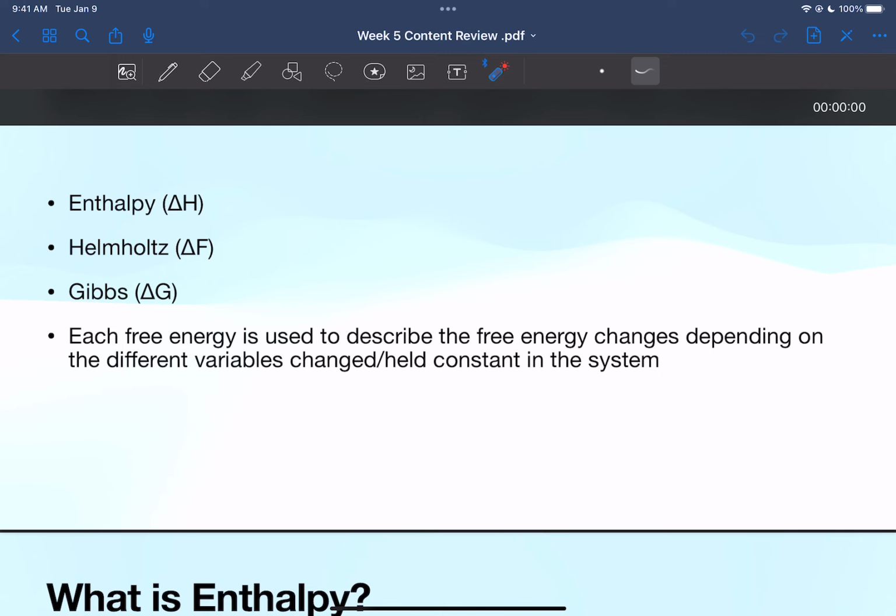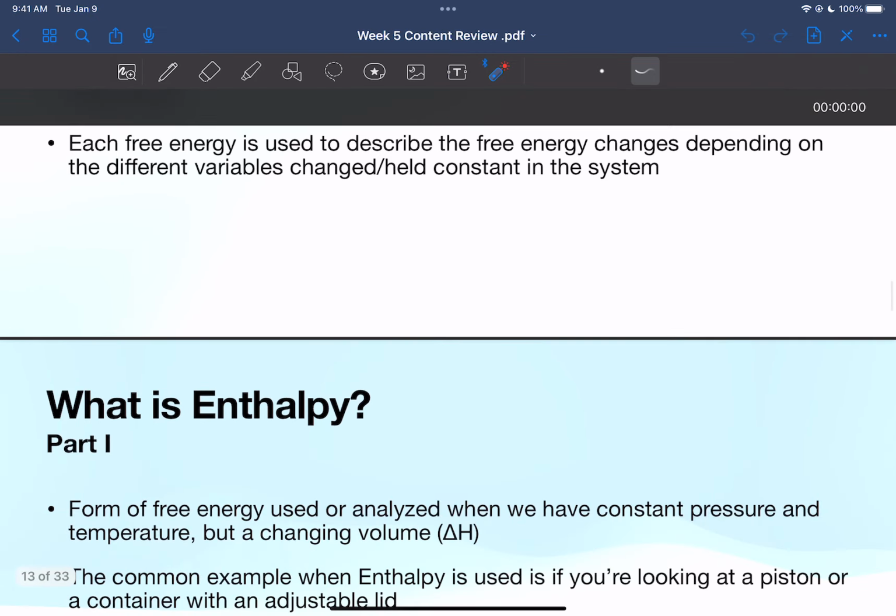Adiabatic processes will not allow heat to flow, for example. There'll be different situations where these different types of free energies will be applicable. Each one will be able to describe the free energy depending on the variables that are held constant or the variables that are changed, right?